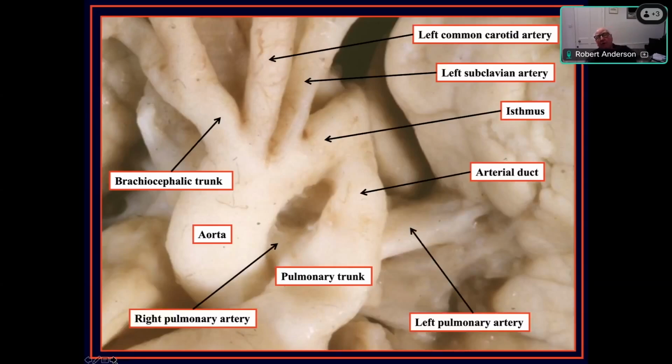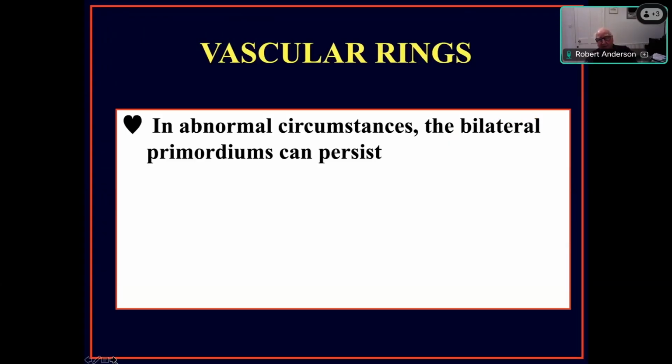So we can put all of this into context now of normal development. So how does that relate to vascular rings?